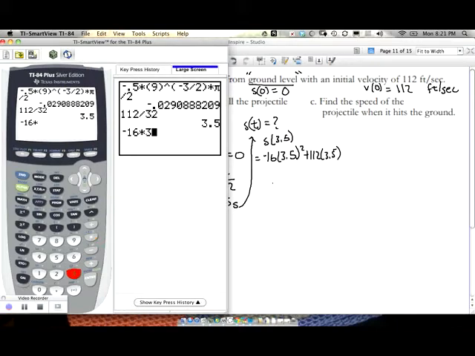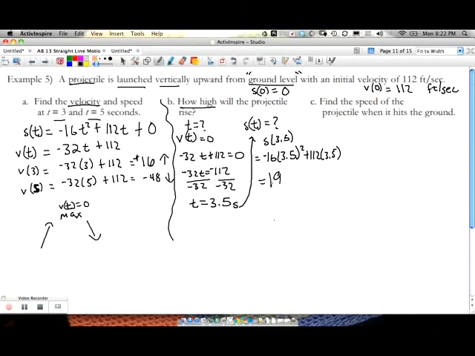Negative 16 times 3.5 squared plus 112 times 3.5 equals 196. 196 feet, because we're talking about height. How high? The height. Okay, so that's part B, and that used the idea of, what did we do first? We had to find t, then we had to plug that in to find s of t, which is our height.